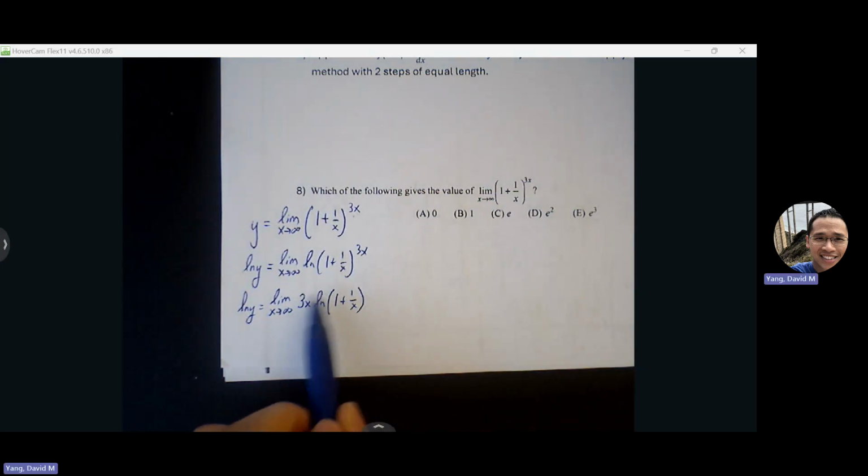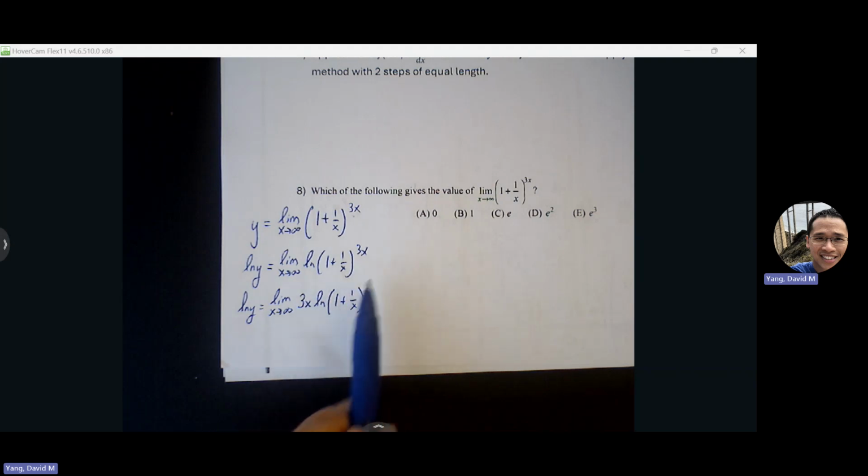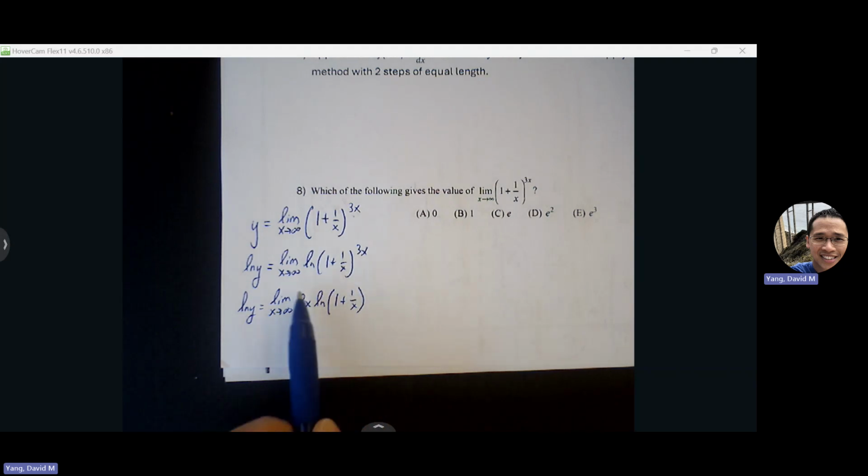Okay, so we know our goal. Our goal is to try to get this to either show us 0 over 0 or infinity over infinity so that we can apply L'Hopital's rule, but this x is not in the place where we can allow that to happen. So that 3 is okay, but we can just force that x to go in the denominator and make it 1 over x, right?